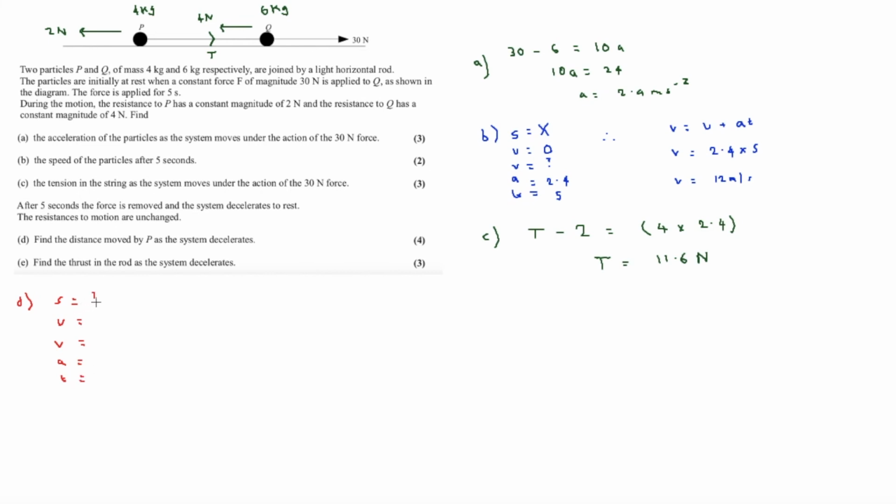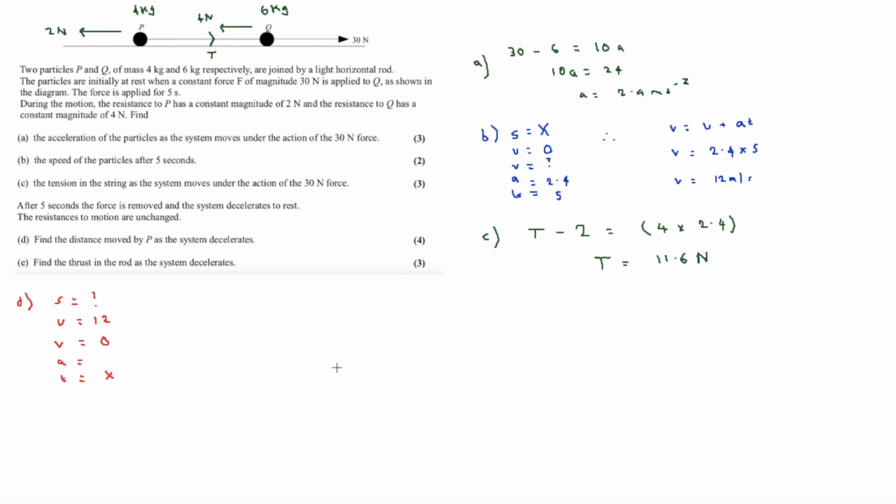We're trying to find out what the distance is. We then know that U is going to be 12. Now we know it's 12 because of this question here. The final velocity at the end of that 5 seconds was 12. So then after 5 seconds, the initial velocity is going to be 12. V is going to be 0 because it's coming to rest. Decelerates to rest there. A, that's what we're just about to find out. As T, we do not know.